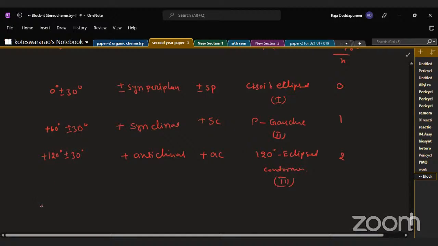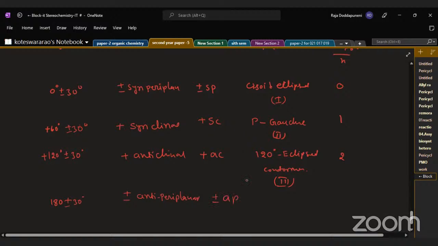Next, we come to 180 degrees, plus or minus 180, or you can take it without directional property, 180 plus or minus 30 degrees. Now this is known as plus or minus anti-periplanar, shown with plus or minus AP.